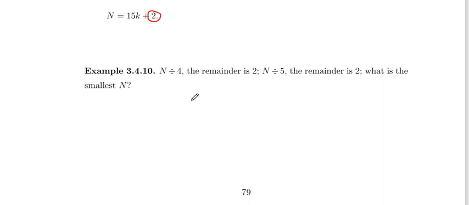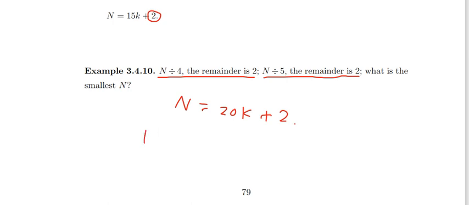Same for this problem, easy. Like n divided by 4, remainder 2, divided by 5, remainder is also 2. So this n can be written as 20k plus 2. So what is the smallest n?